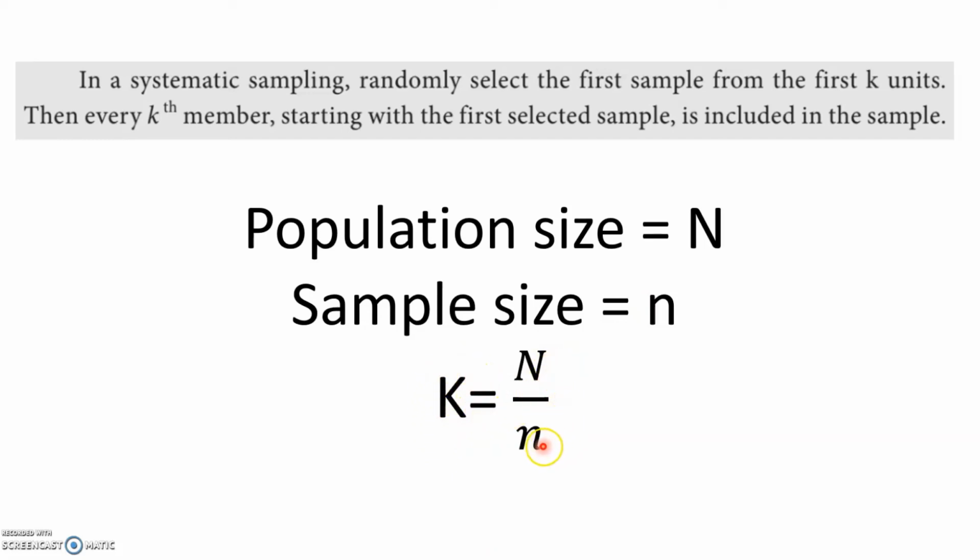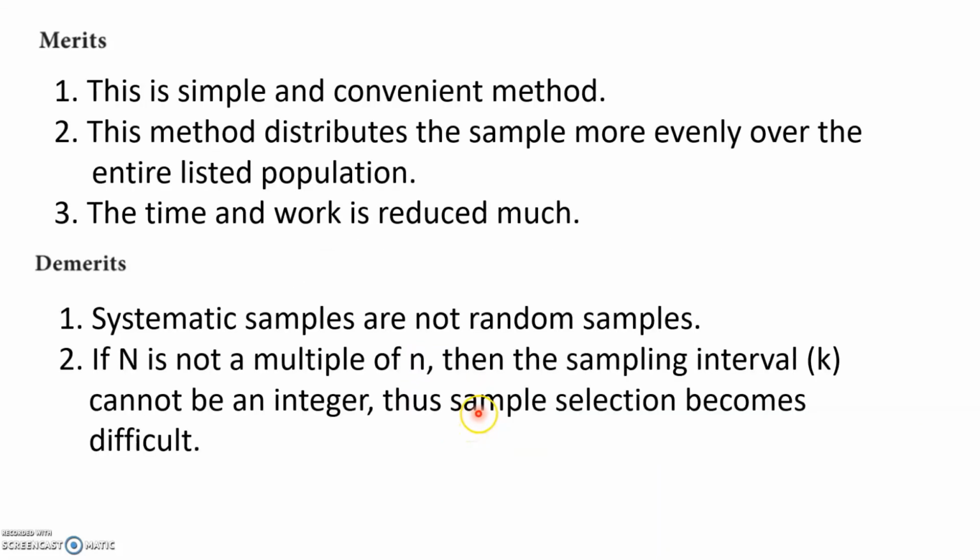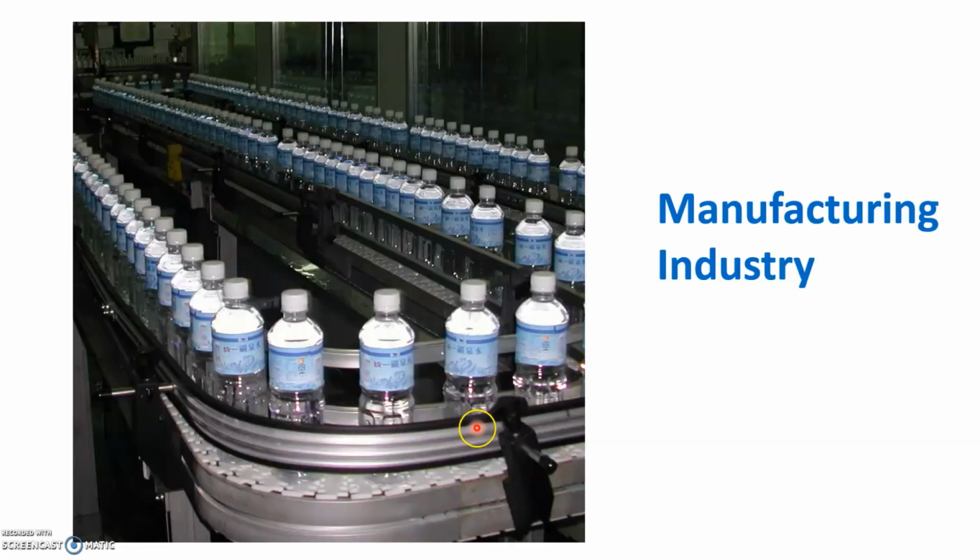So if capital N is not divisible by the small n, and you get a decimal, then your kth term is not easily picked up. I guess these are the advantages and disadvantages of the system.